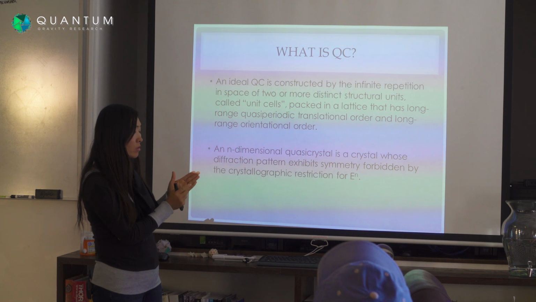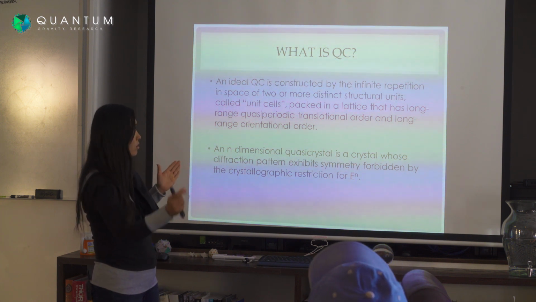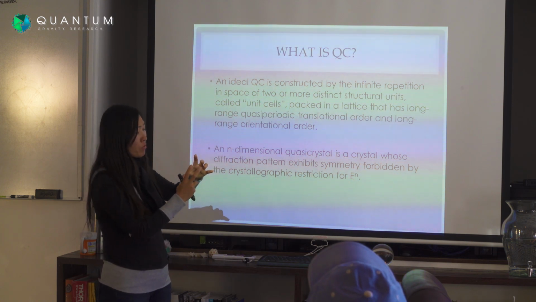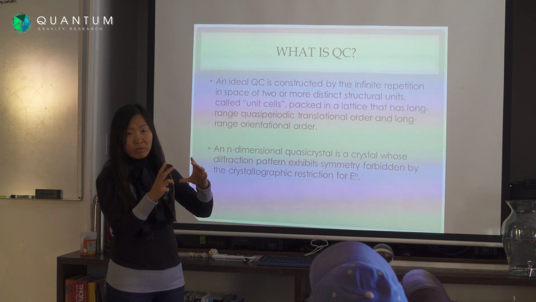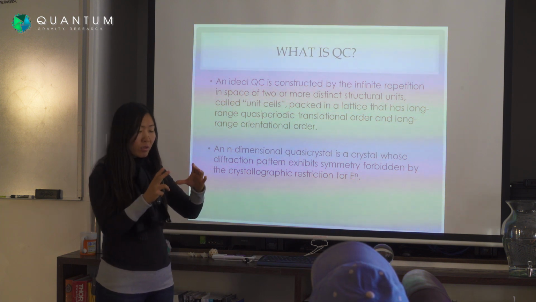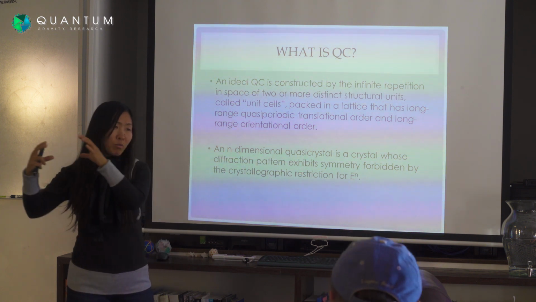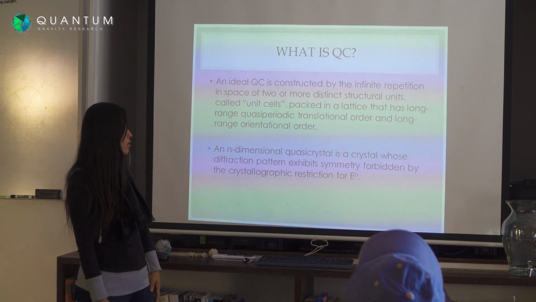It's just not like in a crystal, where it's a local translational order repeating. In a quasicrystal, any patch you find, you can find an identical patch somewhere else in the quasicrystal. That's also part of the definition.